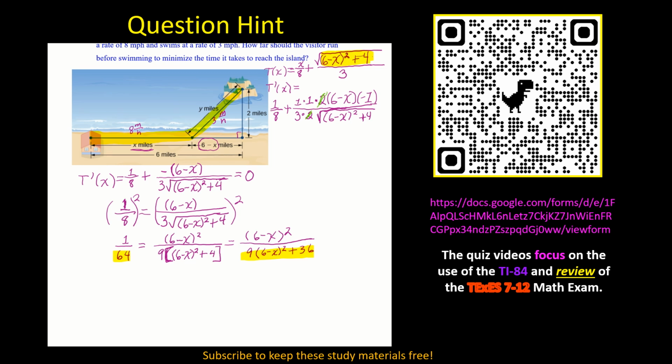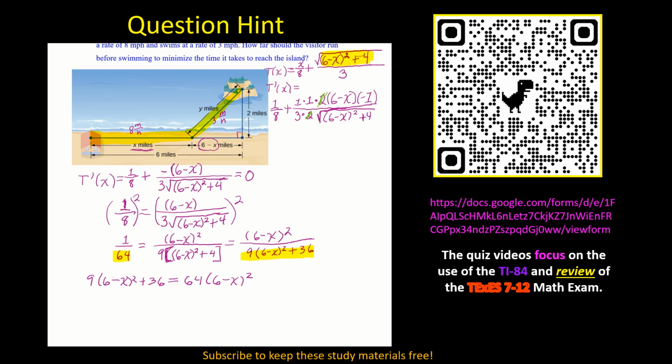So this will give us 9 times 6 minus x squared plus the 36. Then that will equal 64 times 6 minus x all squared.